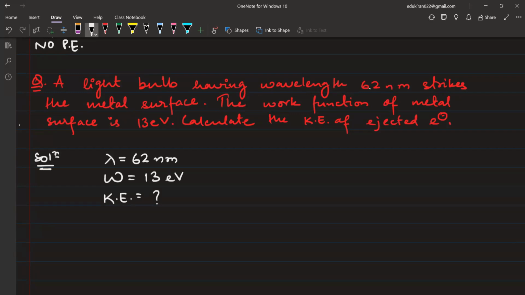As soon as you have been given lambda, you can calculate the energy, and this will be equal to 1240 divided by lambda. Is that right? Is there any change that we have to do? Tell me, guys. Do we need to change anything, or is it fine? Yeah, right.